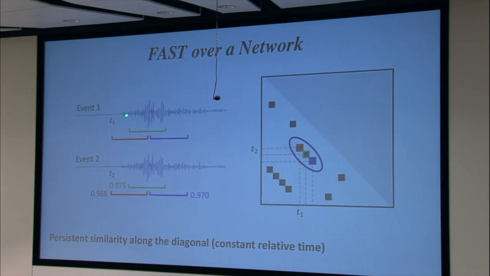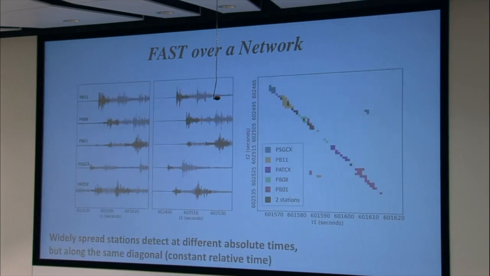For an individual channel, the similarity will persist for a certain amount of time, but the relative time of event 1 and event 2 is preserved. So if we plot time 2 versus time 1, this property of constant relative time means that the similarity will be spread out in a cloud along the diagonal.